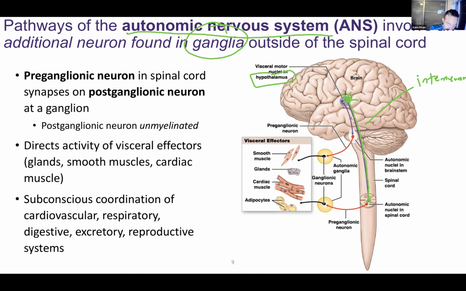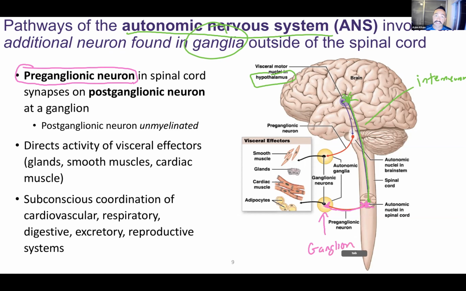We're going to call this the preganglionic neuron. Preganglionic because, well, it starts here in the spinal cord in this example. It might be in the medulla. We'll get to an example of that later. It exits out the spinal cord. It terminates here in a ganglion.